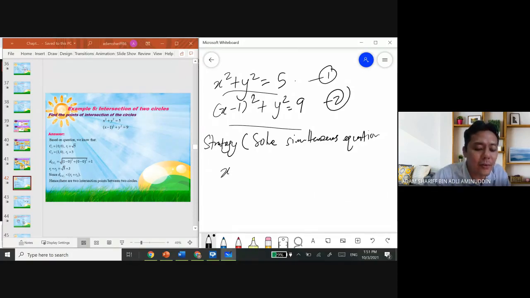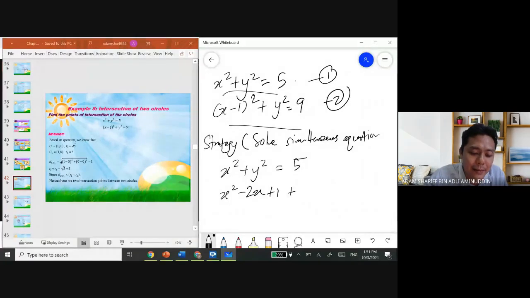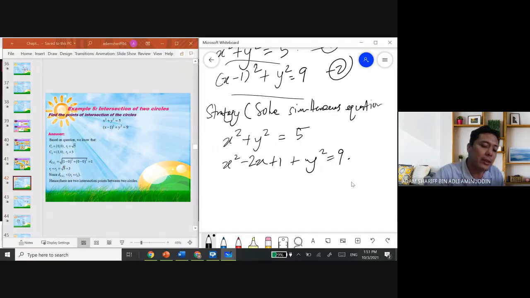Okay, so x squared plus y squared equals to 5. The second one, let's say I want to expand it. X squared minus 2x plus 1 plus y squared equals to 9. Okay, if you want to solve simultaneous equation, you can eliminate the variable. You can also use the substitution.